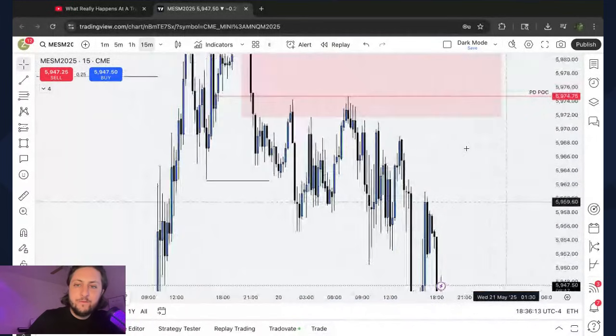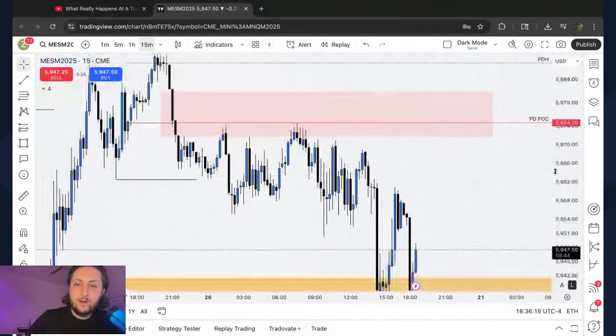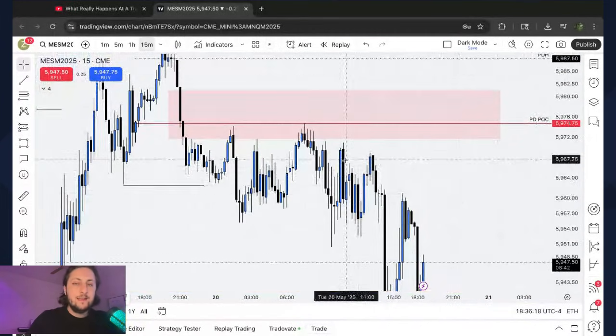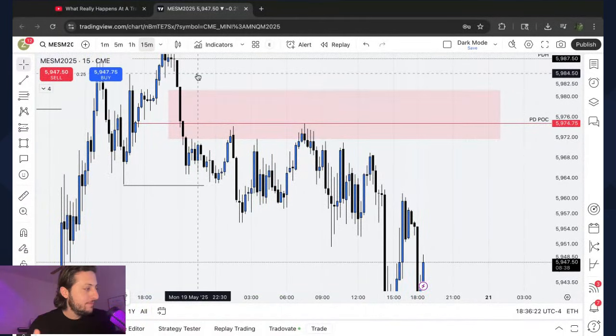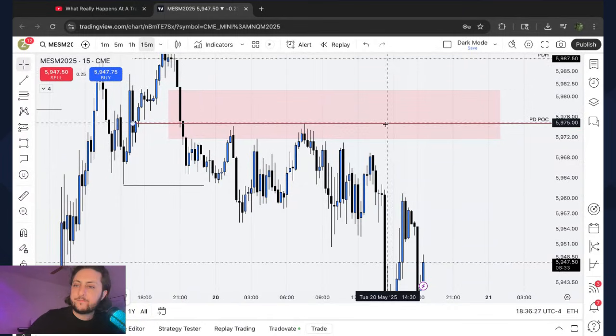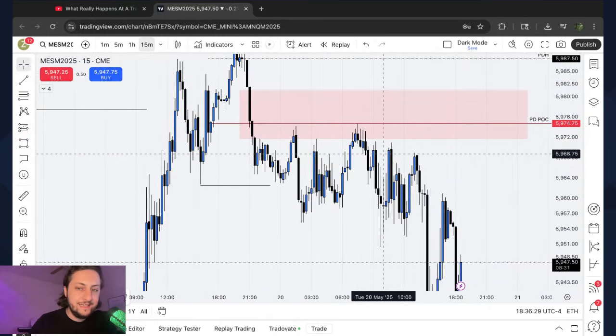Now, what are the last few things that we need to accomplish to really get a high probability entry signal? Number one, SMT divergence, and then we want an inversion fair value gap. This is where we're going to use NQ and ES to identify the SMT divergence.